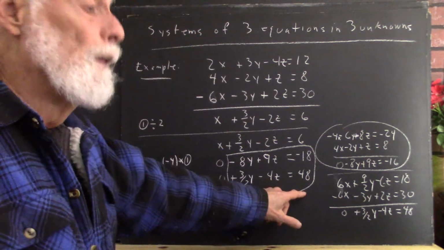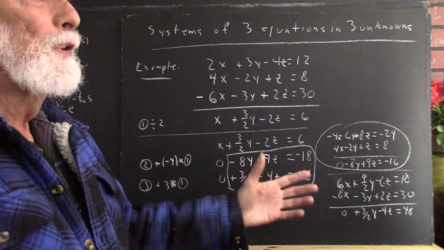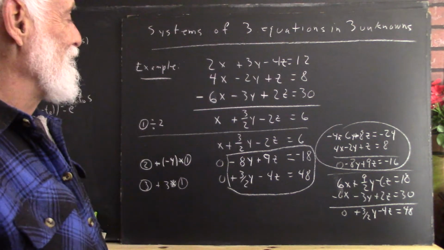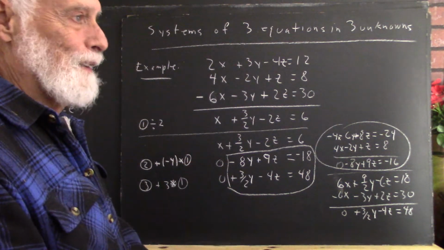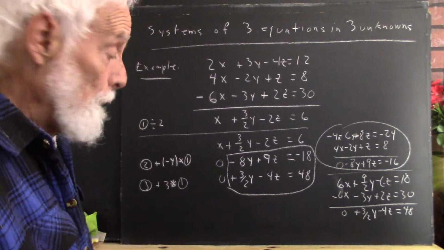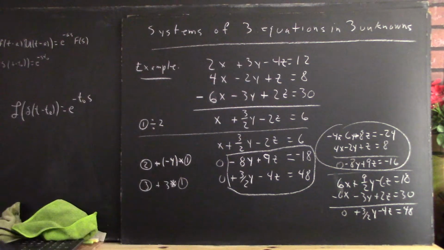And we know how to solve 2 equations and 2 unknowns. You even said you kind of enjoyed that assignment, okay? So we know how to do the 2 equations and 2 unknowns. Okay, well, I'm going to go ahead and do that.